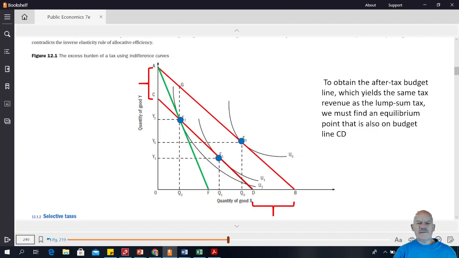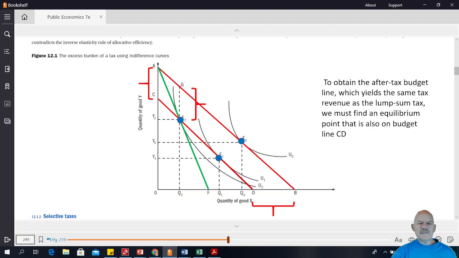So the conclusion is that a lump sum tax is better than a selective tax, because the welfare only goes down to E1, while with the selective tax the welfare goes further down, namely to E2.